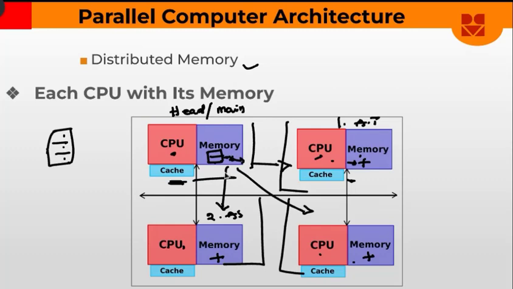Basically, distributed memory distributes data or a set of instructions from the memory of the main node into the memory of the server nodes, or the compute nodes, and then their processors execute the tasks. So that's the notion of distributed memory.